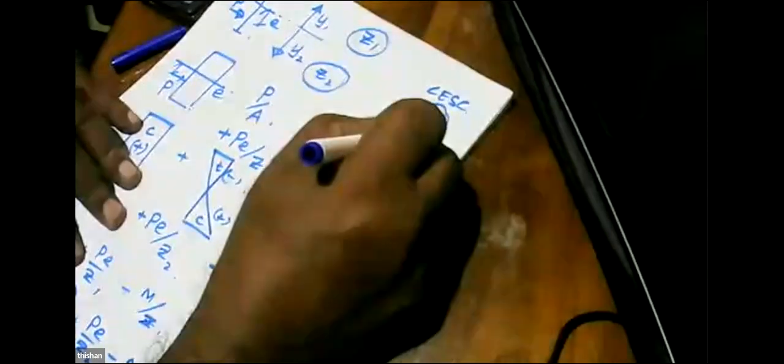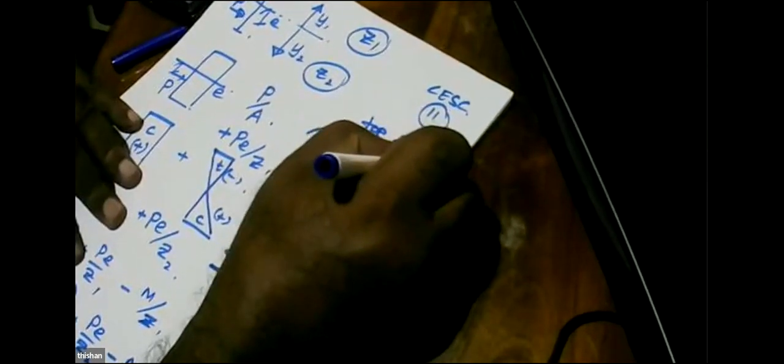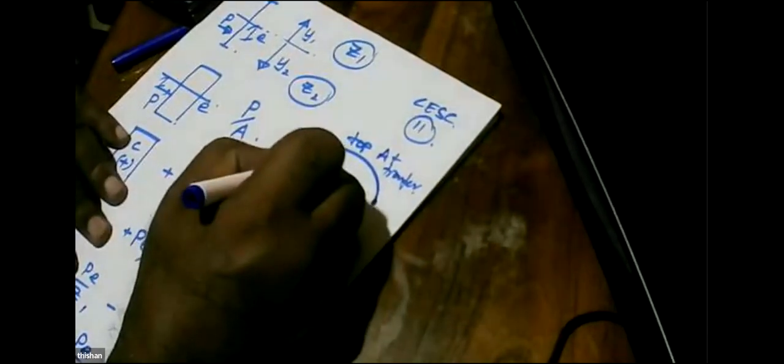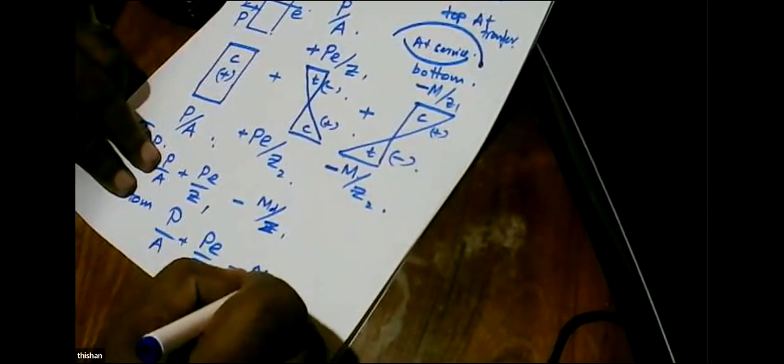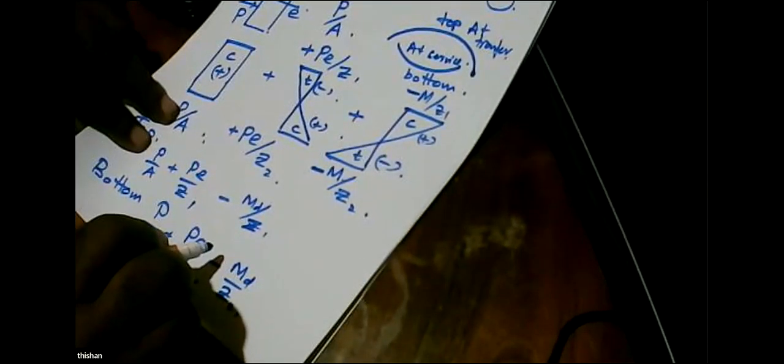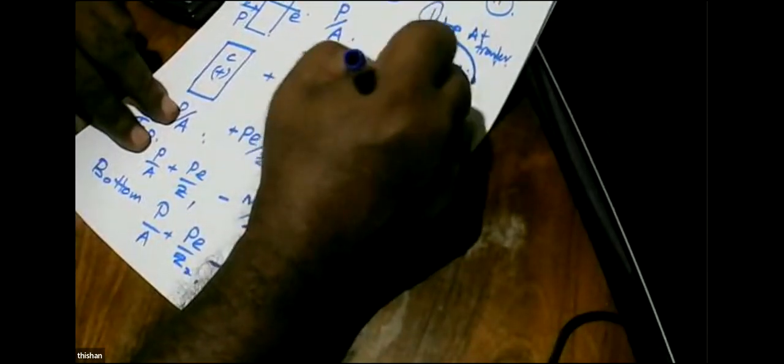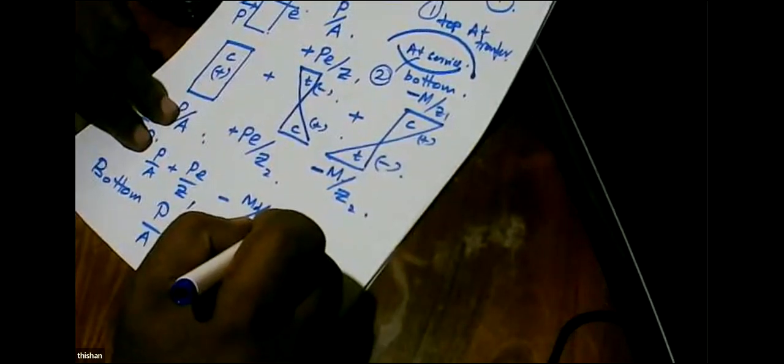This is at transfer. That is at transfer. This is at service. So at transfer, what you get is only the dead load. And when you have only the dead load, it is this situation, that is situation number 1, this is situation number 2.